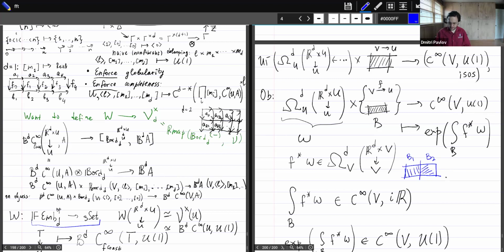That's exactly what you would get from the exponent of the integral over B1 glued with B2 of the pullback. Well, the integral over the union of two sets is the sum of integrals, and the exponent of the sum is the product of exponents.